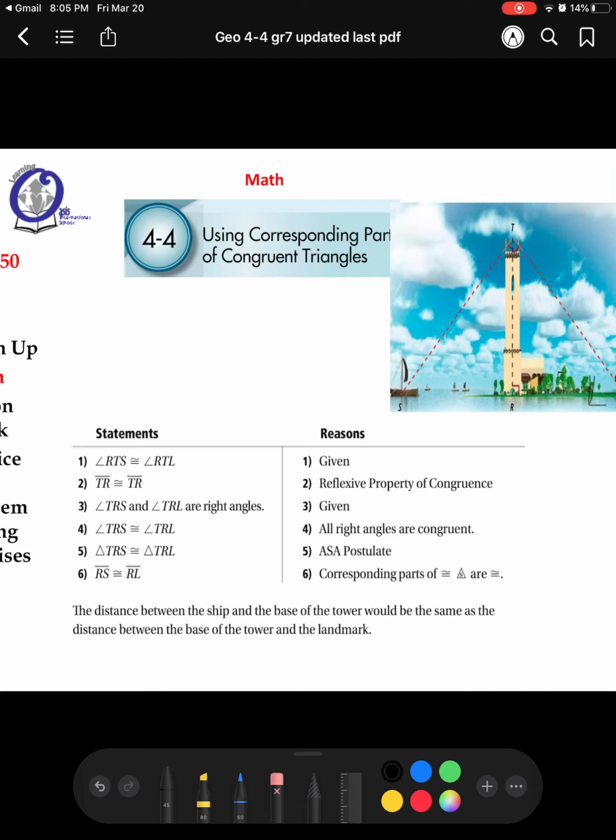Now he gave me 2 pieces of information: that the angle RTS, which is this angle on the top, is congruent to this angle. So he gave me 1 angle. And he said as well that this is a right angle and this is a right angle.